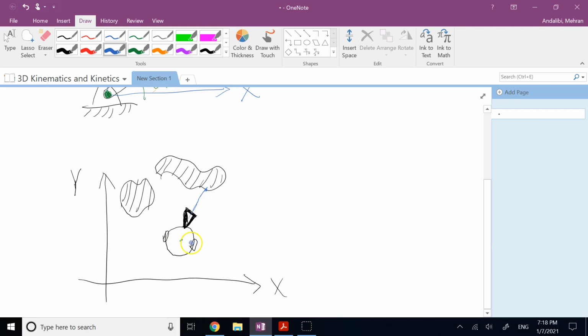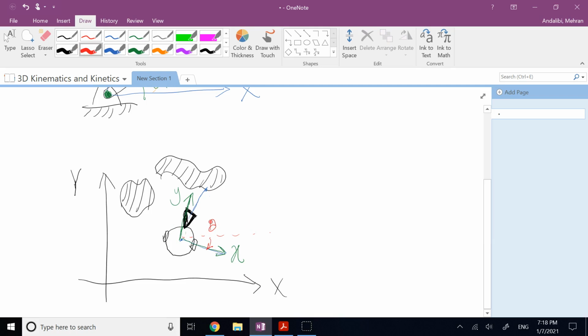So basically if you call this axis x of the robot and you call this axis y of the robot, so this angle, if you draw a line parallel to the stationary x, this angle is the angle of the robot that it has rotated, theta.